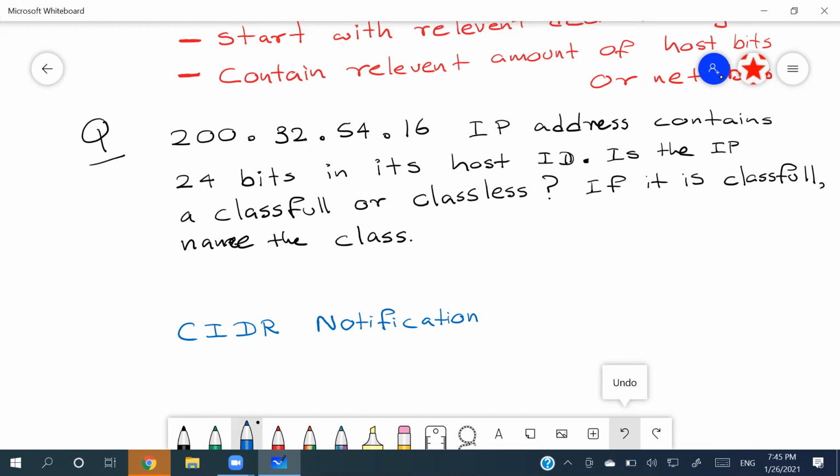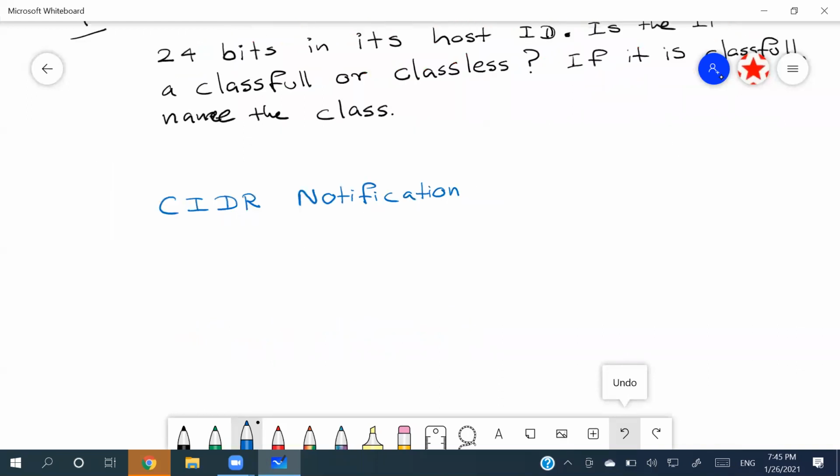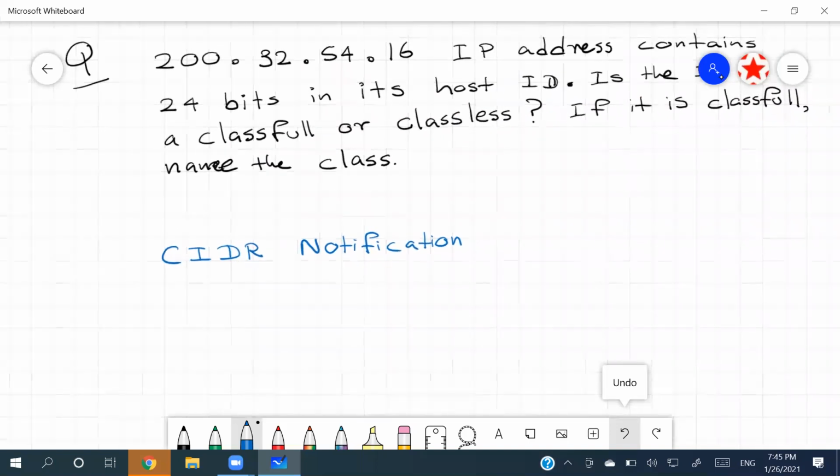So if I take the very previous example, the one at the top, 200.32.54.16, I can write that particular example using CIDR in a way like this.